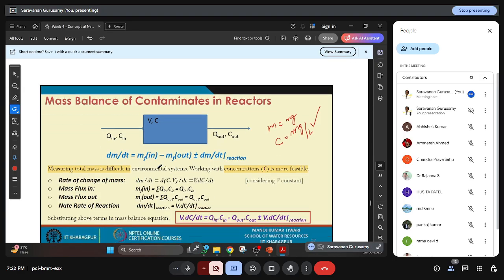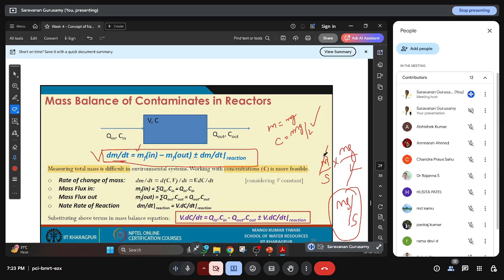Okay. So think about the basic formula: dm by dt equals mass in minus mass out plus or minus dm by dt of reaction. Consider this with the volume because we are working with a controlled volume. So V dC by dt: if you multiply V with the concentration in milligram per liter and the volume in meter cube, the liter cancels and we get milligram per second, that's the mass per time, dm by dt.